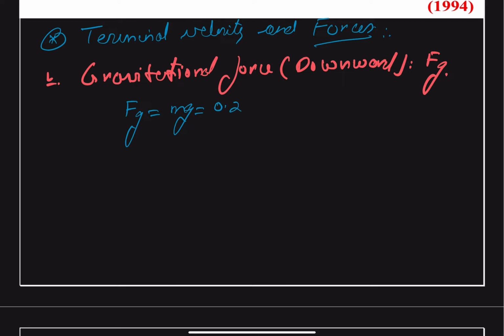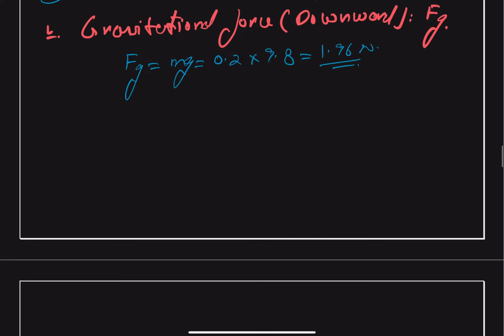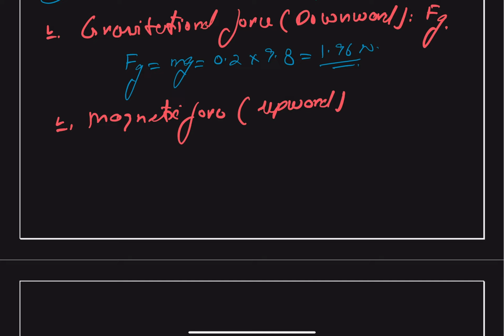So this comes as 0.2 times 9.8, and this comes as 1.96 newtons. Another force: because this entire system is in a magnetic field, there will be a force due to the magnetic field, and that will be acting in the upward direction. Let us call that Fm.